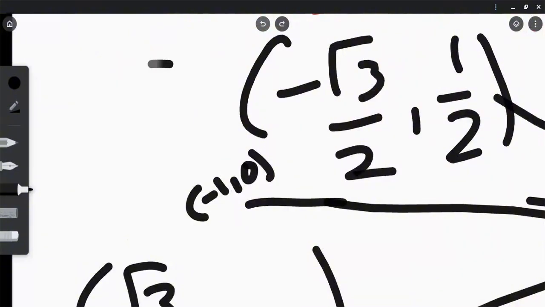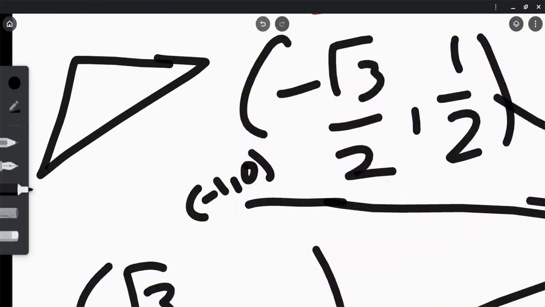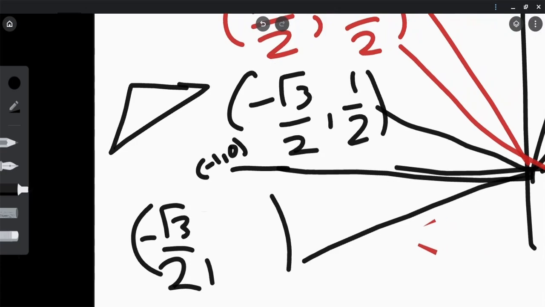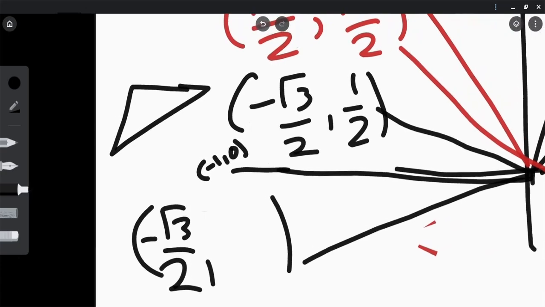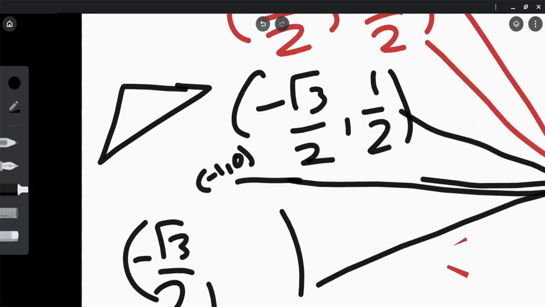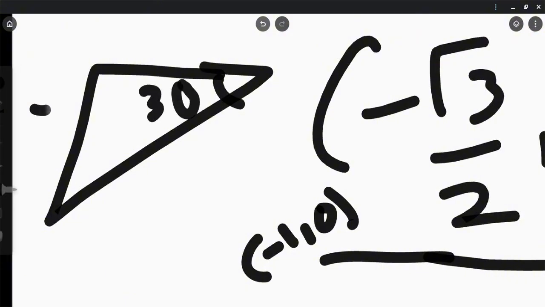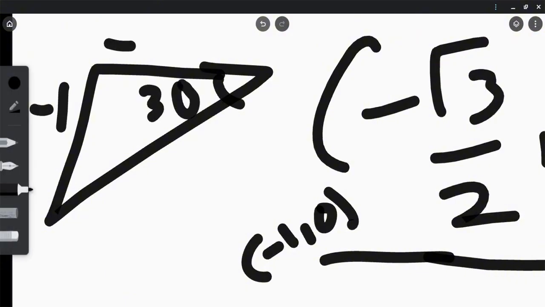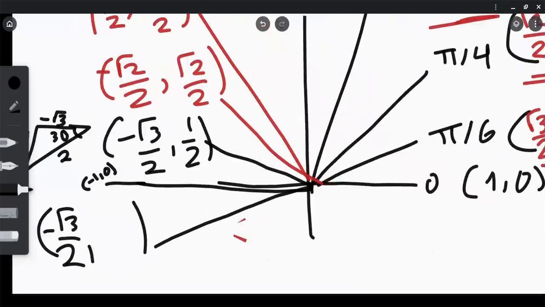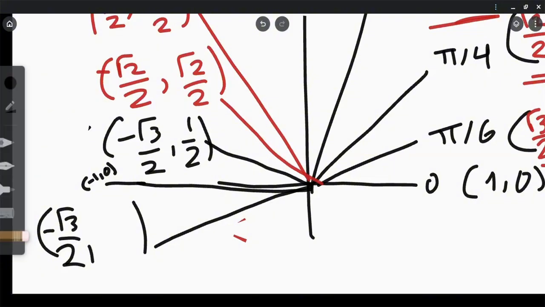If you don't remember, you can always draw these triangles to give a visual of what you're trying to accomplish. So, you know it's a 30, right? This is a negative 1, this is a negative square root 3, and this is a 2. What is x? Or what is cosine? That's negative square root 3 over 2. So you just write that info over here.